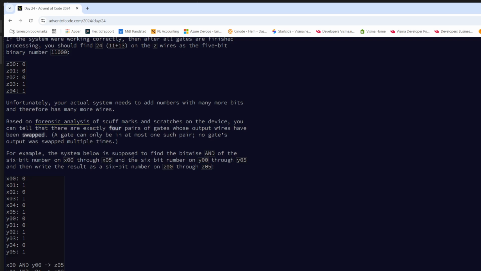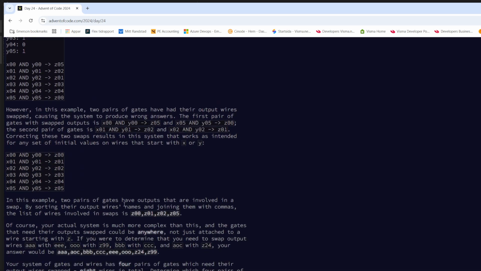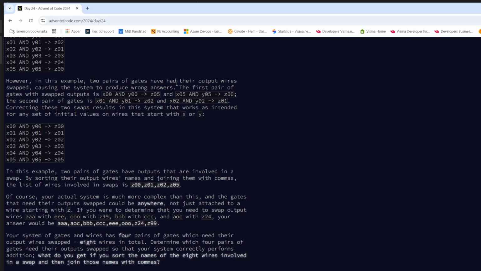For example, the system below is supposed to find the bitwise AND of the 6-bit number on X00 through X05 and a 6-bit number on Y00 through Y05, and then write the result as a 6-bit number on Z00 through Z05. However, in this example, 2 pairs of gates had their output wires swapped, causing the system to produce wrong answers. The first pair of gates with swapped outputs is the pair for X00 and Y00, and the pair for X05 and Y05.